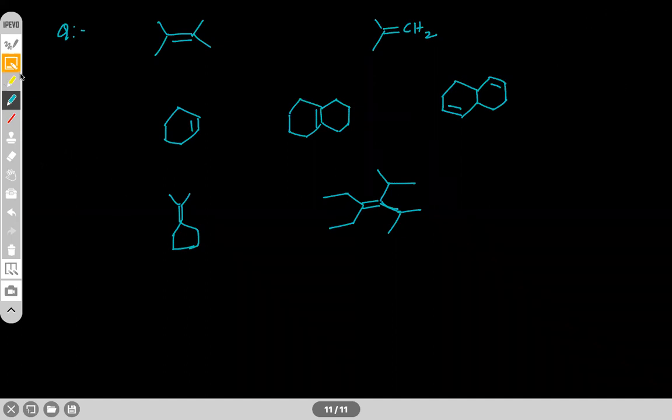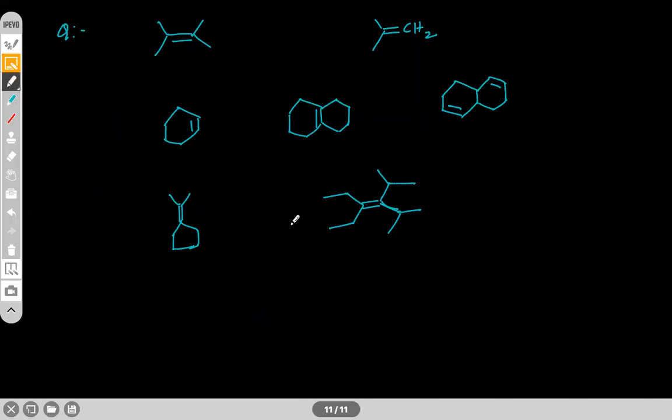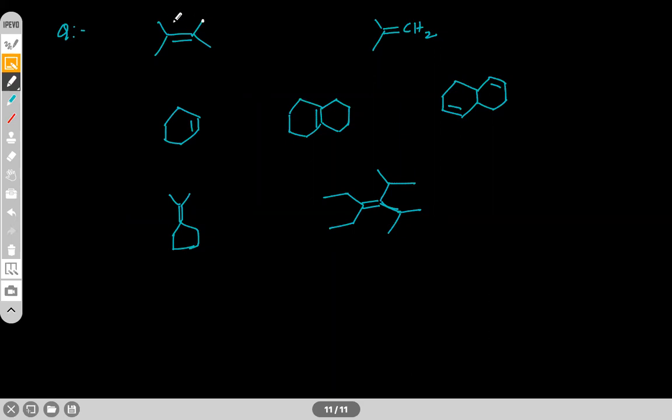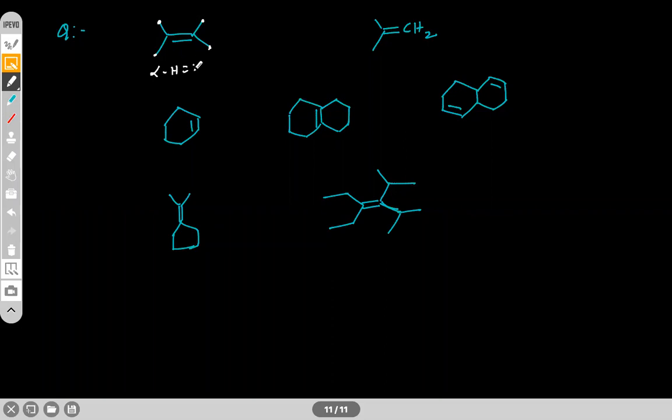Okay. So first of all, what I said, you need to just locate the alpha carbon. You see, this is an alpha carbon. 1, 2, 3, and 4 alpha carbons we have, and each alpha carbon has 3 hydrogens. So the number of alpha hydrogens here is 12.